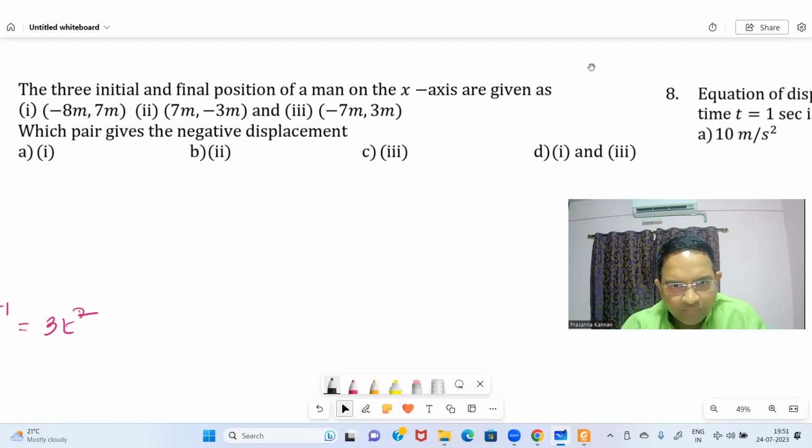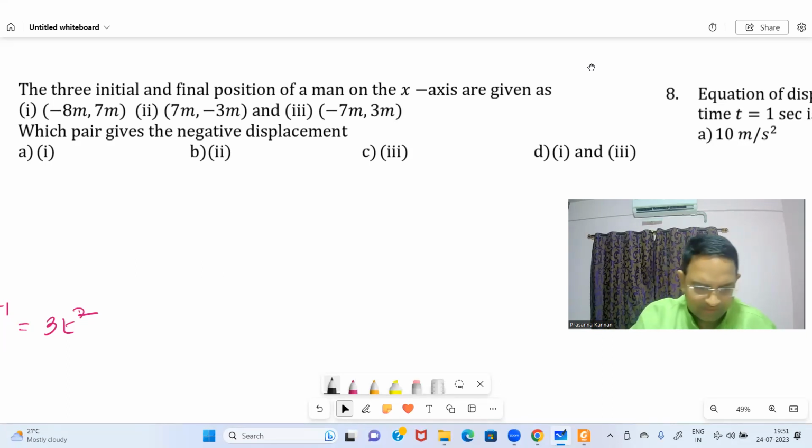B option. Second option, Evelyn. Excellent. Can you tell me why first and third are not the options and why second is the right option? Because displacement is final position minus initial position, so if you subtract in the first and the third option, you get positive displacement.